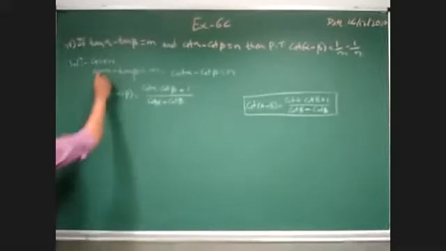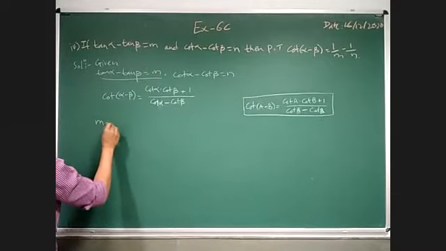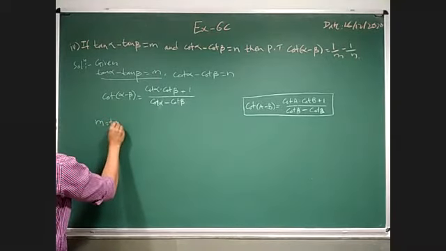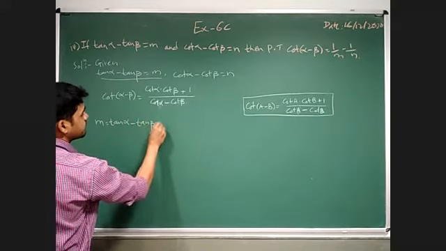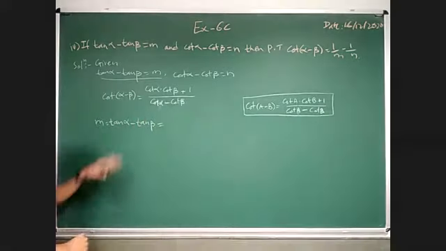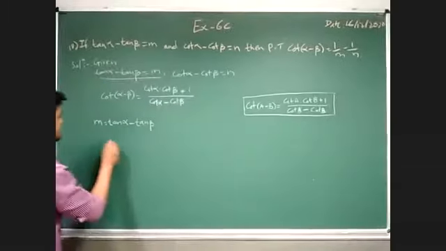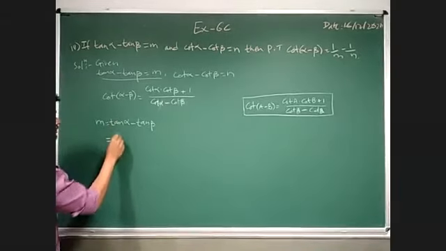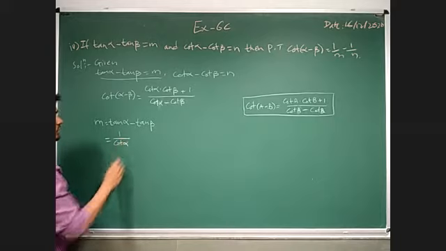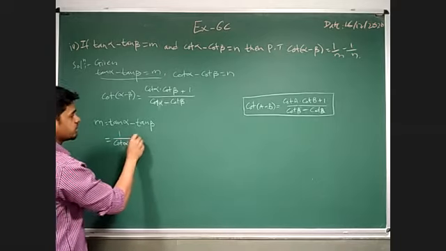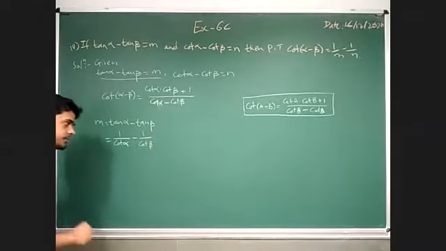I'm going to first use this term. So the first term is given, that m is equal to tan alpha minus tan beta, right? I can write tan alpha is equal to 1 by cot alpha, it's a reciprocal of tan alpha, minus 1 by cot beta, right?